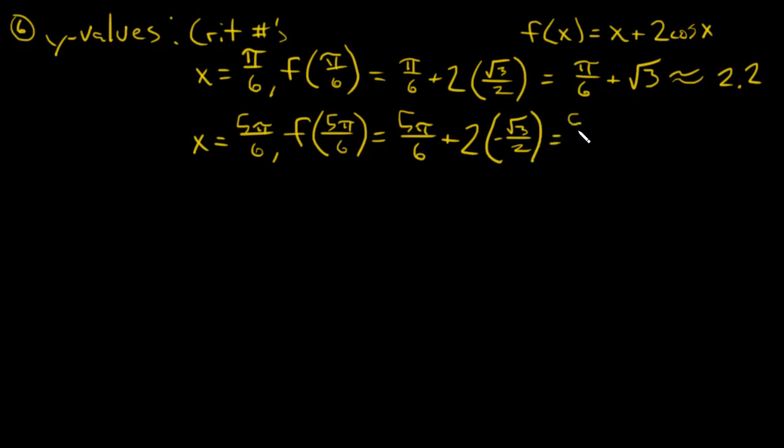So this is 5 pi over 6 minus root 3. And 5 pi over 6 is going to be about 2.5, something like that. And then root 3 is 1.7, so maybe 0.8-ish. So 0.8. It doesn't have to be exact.